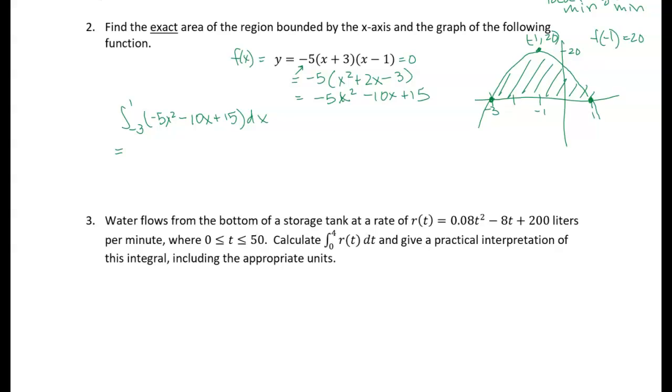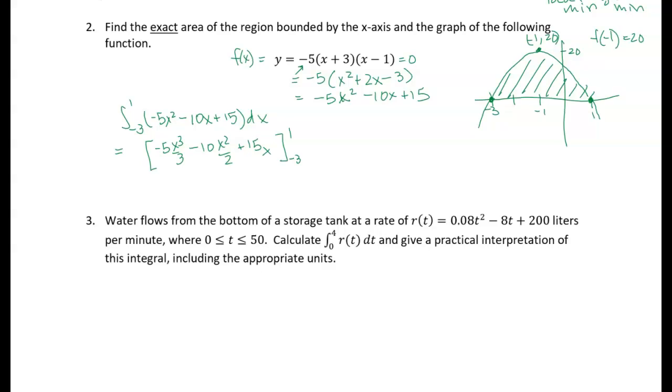So we're going to evaluate the antiderivative, and I'm going to put it in square brackets. So this gives us -5 times x cubed over 3, and then -10 times x squared over 2, and then plus 15x. That's the antiderivative. I could put a plus c, but I don't really need it because it's a definite integral, so the c's will go away. And then I'm going to evaluate that from -3 to 1.